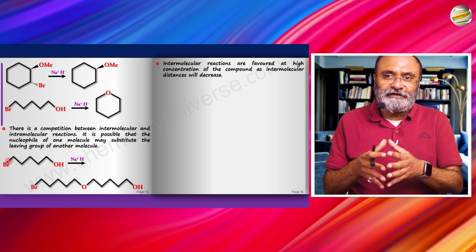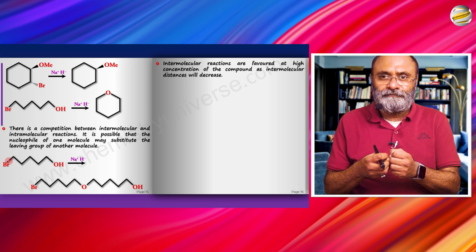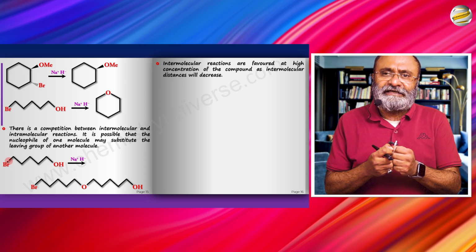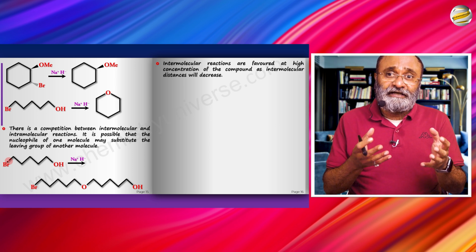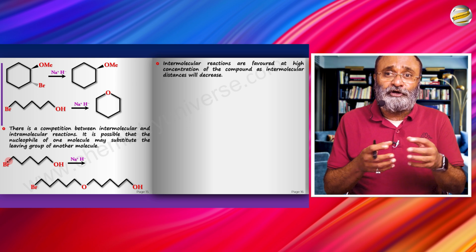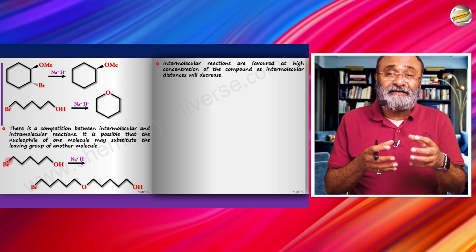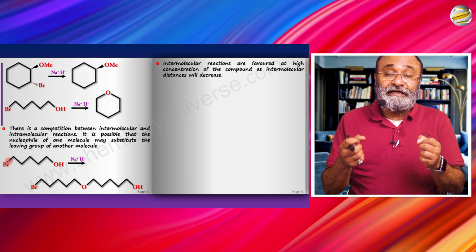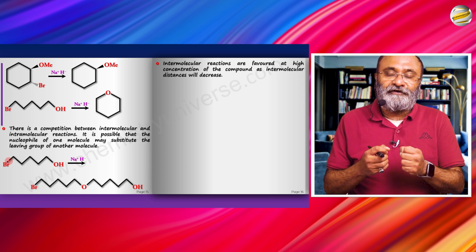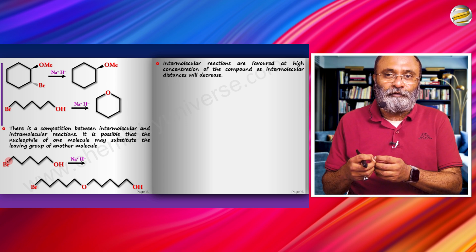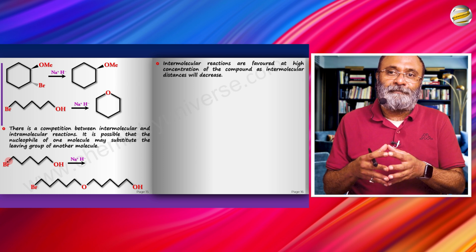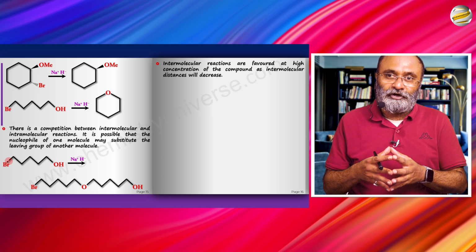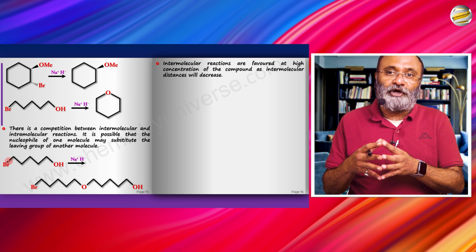Secondly, in inter, two molecules are joining into one. Entropy is drastically decreasing. Now, even in intra, entropy is decreasing because of the formation of a ring, but it is not decreasing that much. In inter, it is decreasing a lot. Therefore, since there is a decrease of entropy, it will always make the reaction happen at low temperature, because T delta S must not be a dominant factor.